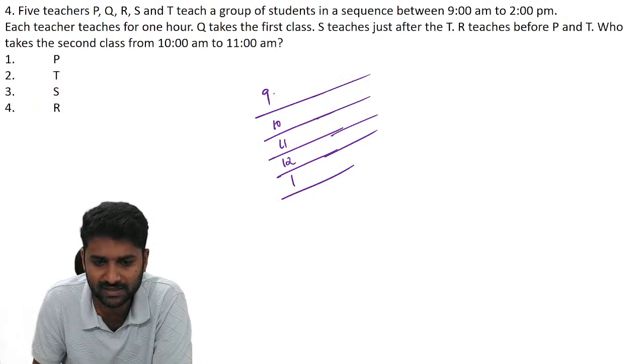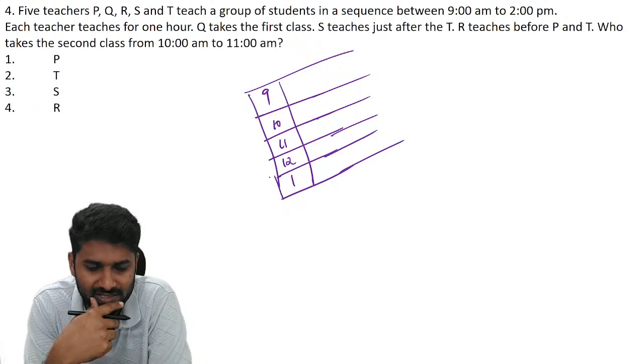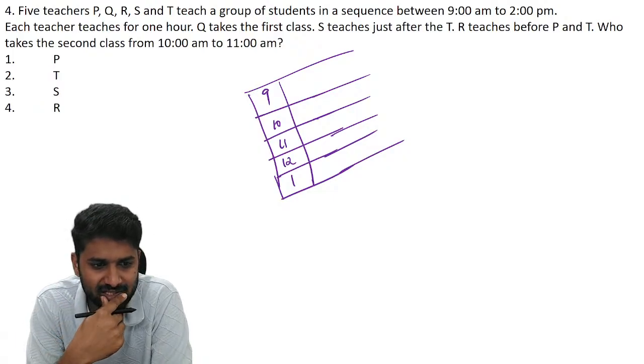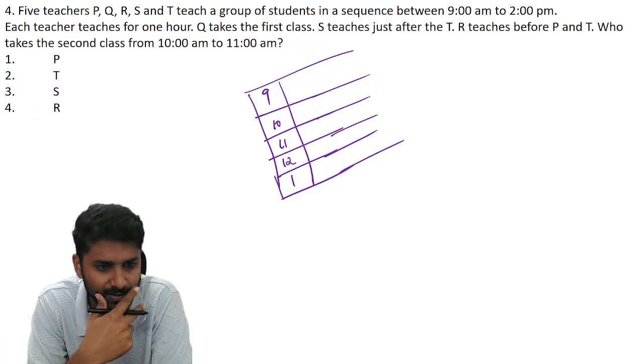They clearly mention that it starts at 9 and ends at 2. So there are a total of 5 periods, and the respective teachers are P, Q, R, S, T. Now go through the data. Each teacher teaches exactly 1 hour.